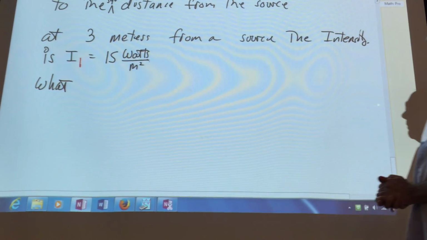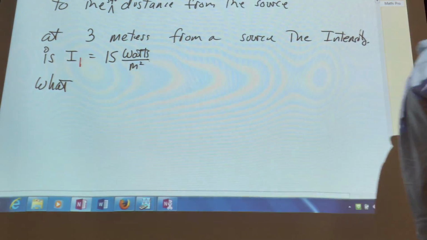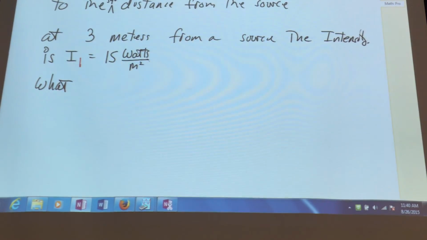So a light bulb is easy to think about. The intensity is 15 watts per meter squared, power over area. But don't worry about the units too much for this example.